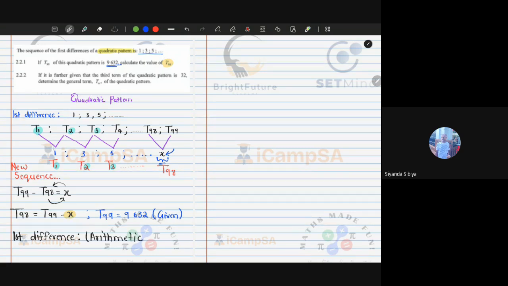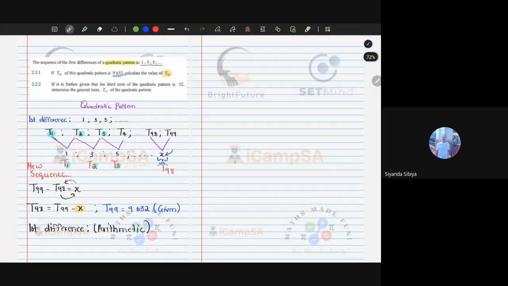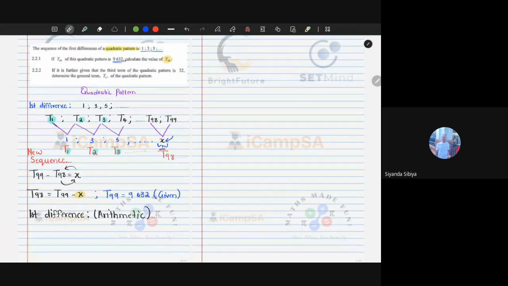Why is it an arithmetic sequence? It is because the difference that follows, the second difference, will be constant. So we have 1, 3, 5, and so on. So let's find the common difference here. The common difference will be 2.